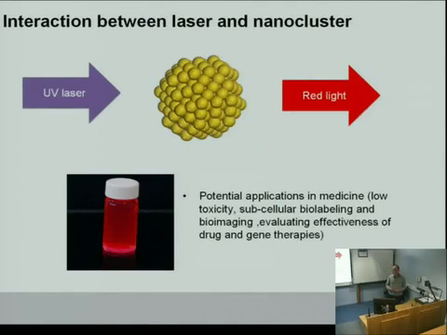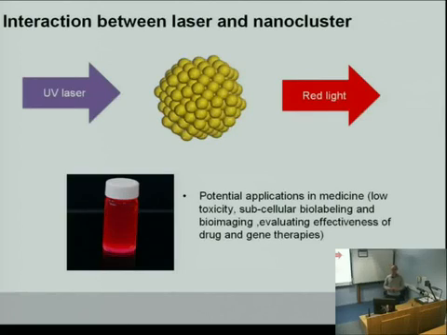And also, we can tune the nanoclusters by their size. So for example, if we decrease the size of the gold nanocluster, we can prompt the nanocluster to emit photons of increasing energy. In my area of research, I'll be using nanoclusters slightly less than 2 nanometers, probably about 1.5 nanometers.